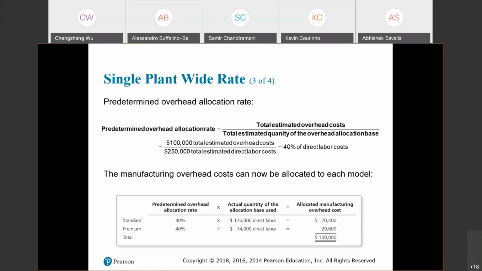Now that we have the predetermined overhead allocation rate, we use this rate times direct labor: 40% times the direct labor cost for the standard model and the direct labor cost for the premium model.